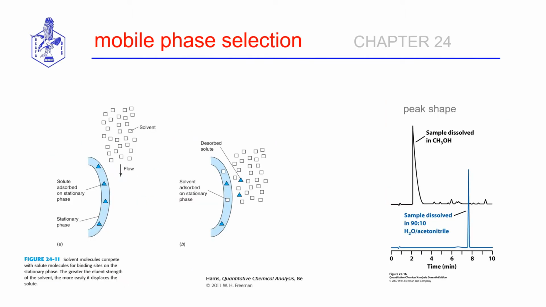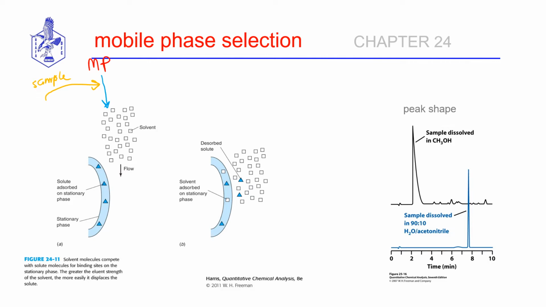To begin consideration of our mobile phase selection, I just want to review some basics of the phenomenon that occurs as our mobile phase picks up our sample and sweeps it onto the top of the column, where we introduce the two different chemical environments.